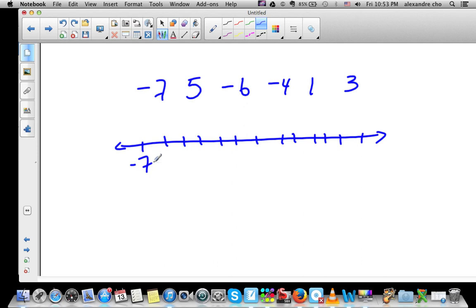Here's negative 7, negative 6, negative 4, negative 3, negative 2, negative 1, 0. That would be 1, 2, 3, 4, 5. There. That will be the order from least to greatest.